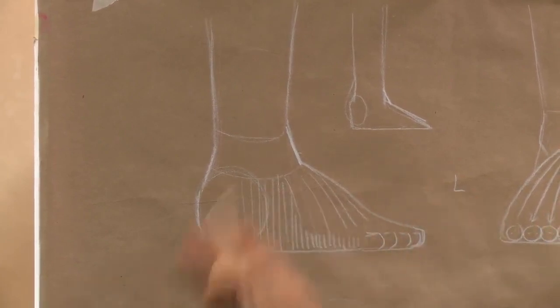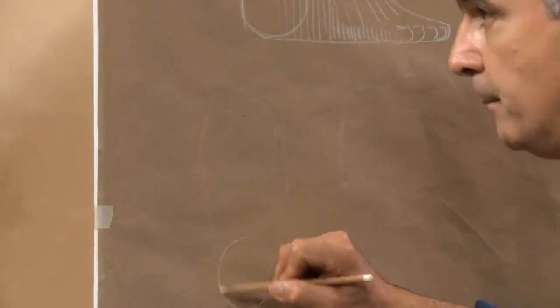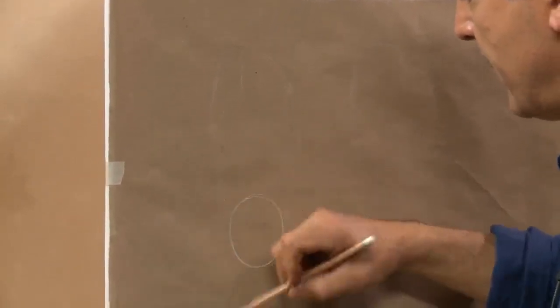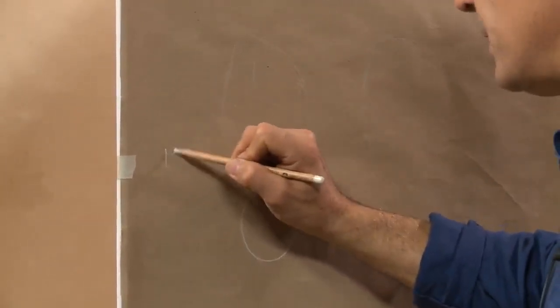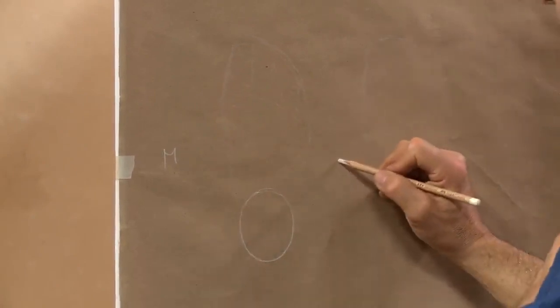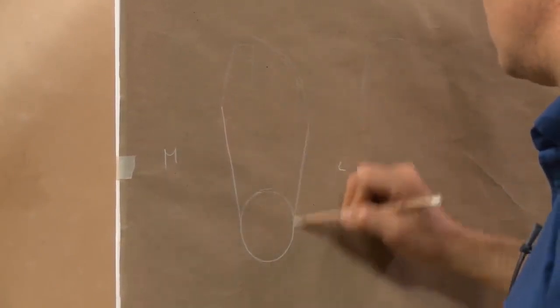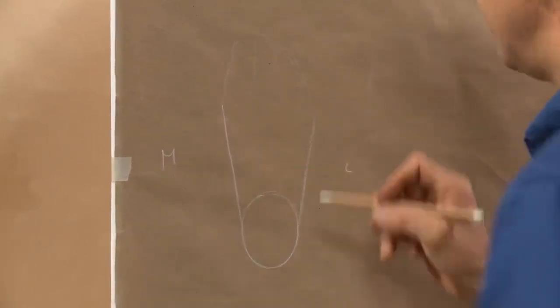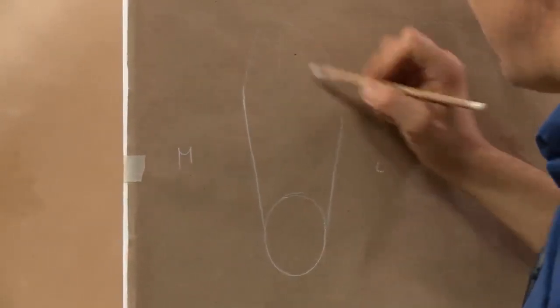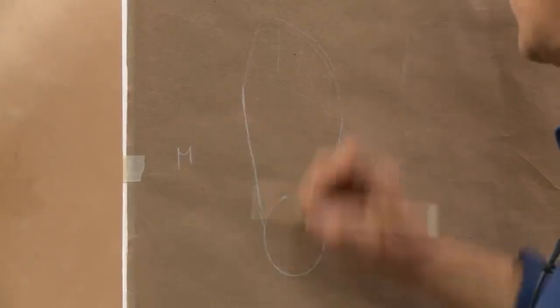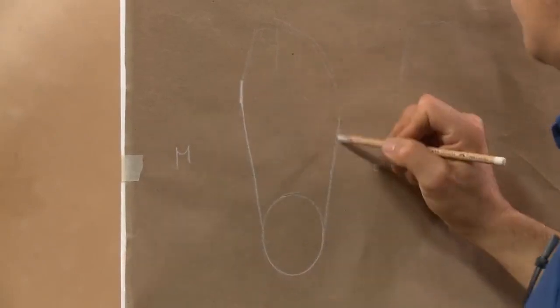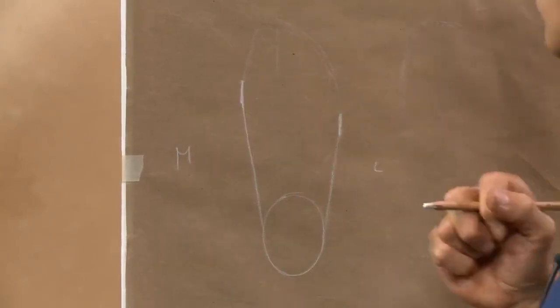Okay, so now let's look at the basic shape of the foot from the top. Okay, again, I like to start with the heel around this shape, and then I'm going to draw. This is going to be the medial, so the middle, and this is going to be the lateral, the external shape. I'm going to draw a widening of the foot as it moves away from the heel, but then the maximum width on the medial side is going to be higher than the maximum width on the lateral side.